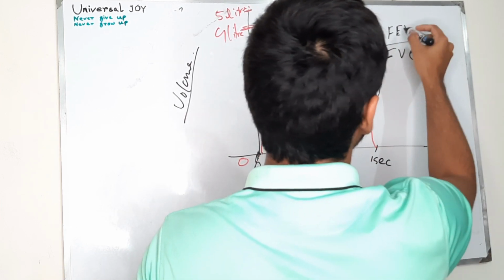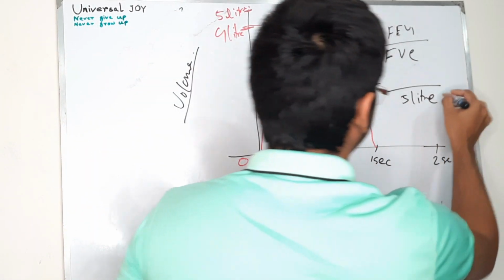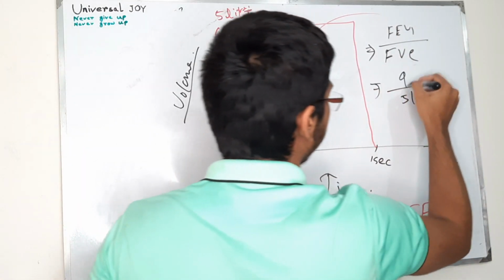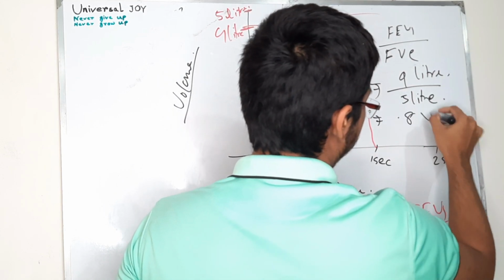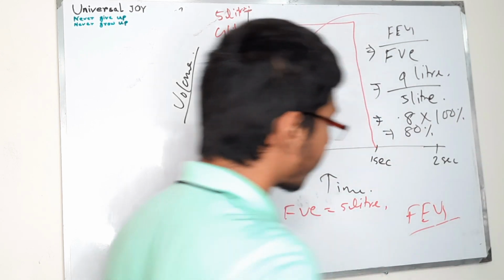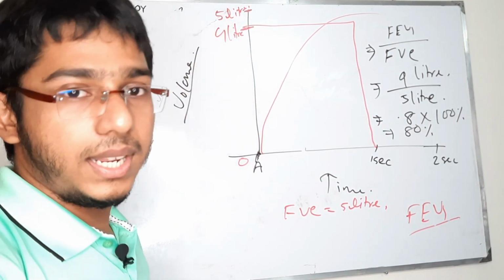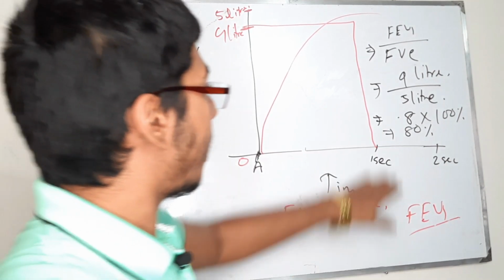Our FVC was approximately 5 liter, and FEV1 was how much? 4 liter. So it will be approximately 0.8, and if you express it in terms of the percentage, then it will be approximately 80%.